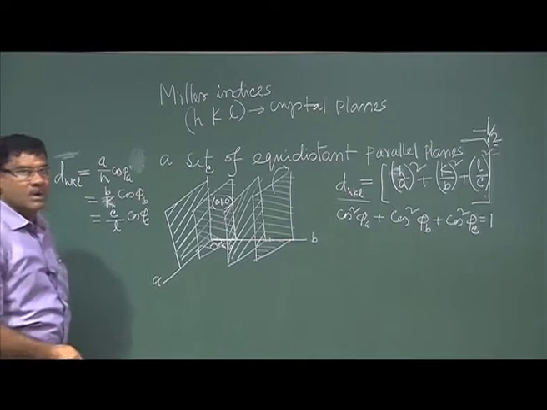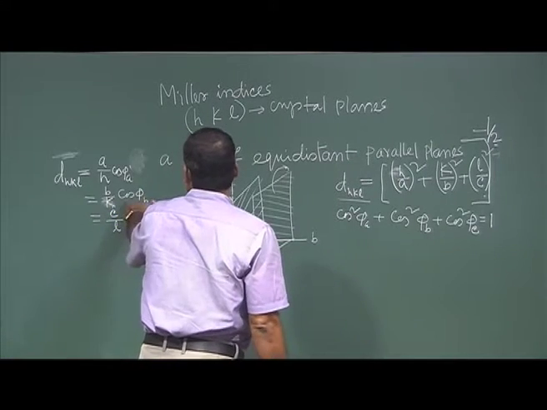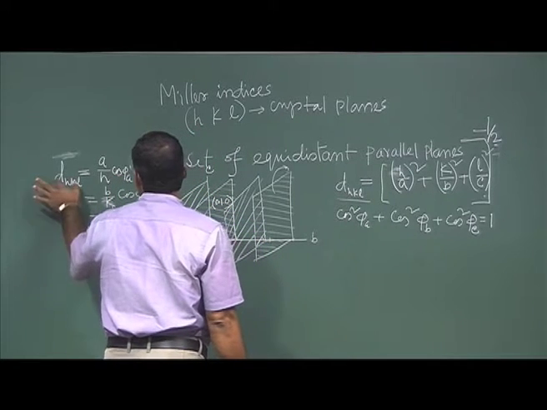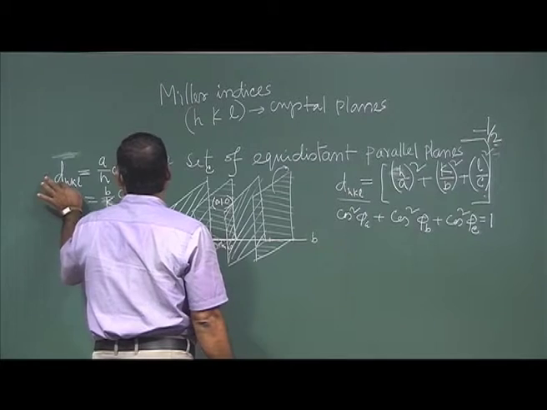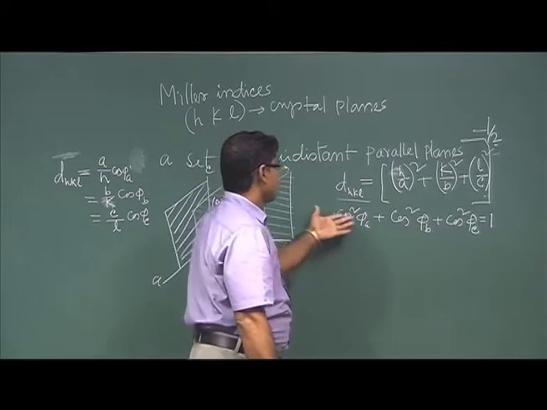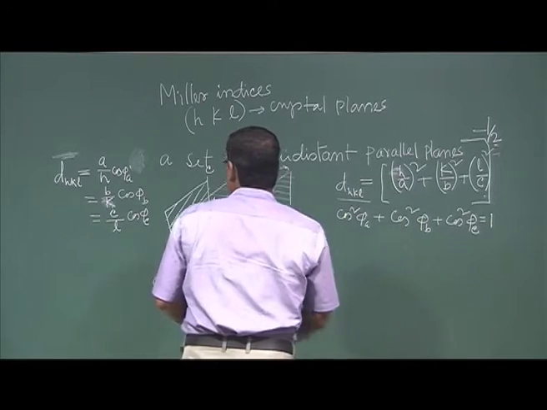So from here one can get cos phi a, cos phi b, cos phi c in terms of DHKL, a b c and the Miller indices, and from this relation one can find this.